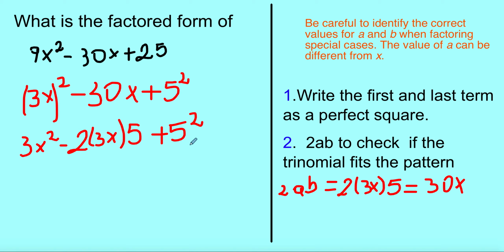So we're going to write the binomials: 3x minus 5 times 3x minus 5.